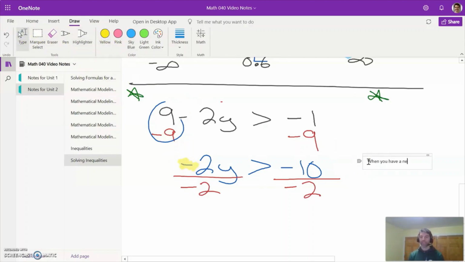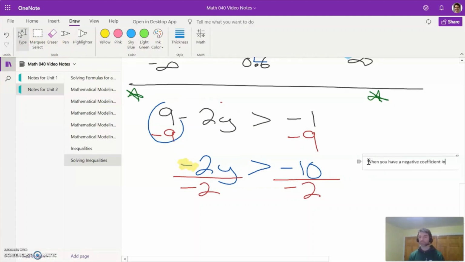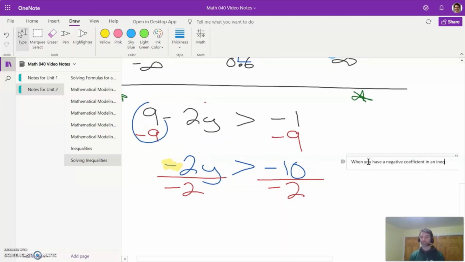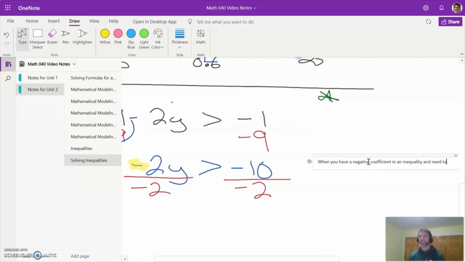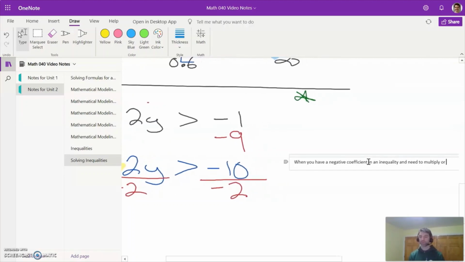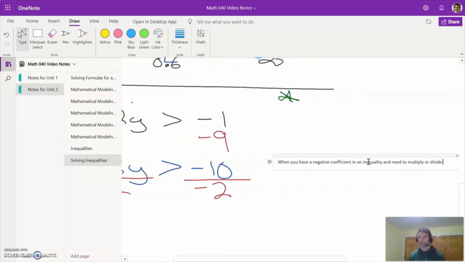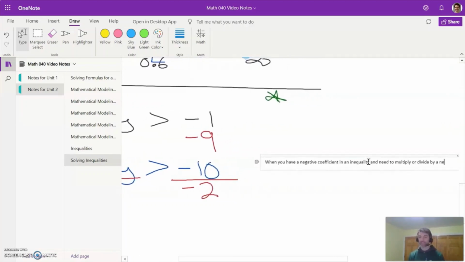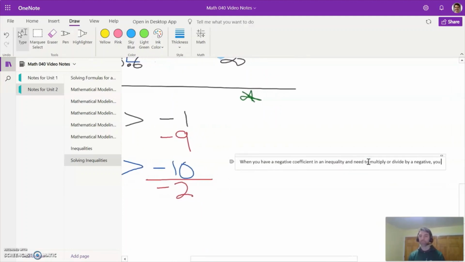When you have a negative coefficient in an inequality and need to multiply or divide by a negative, you must flip the inequality sign when you do so.